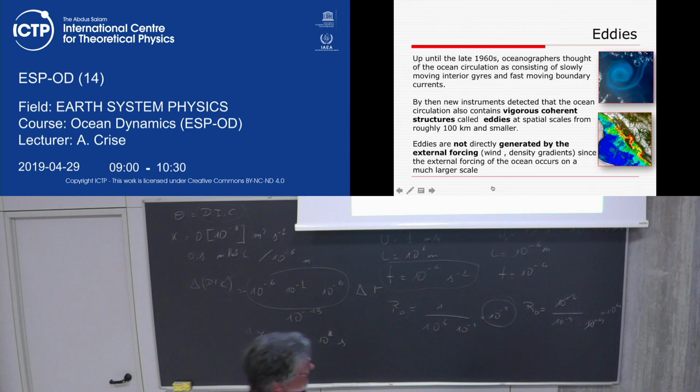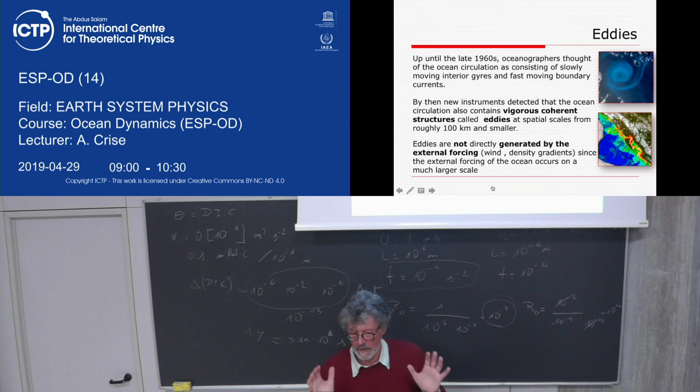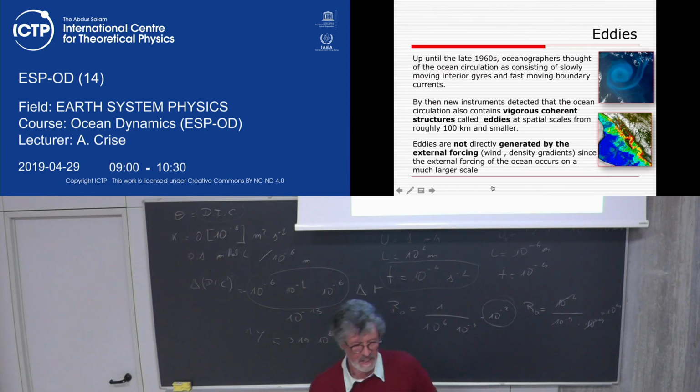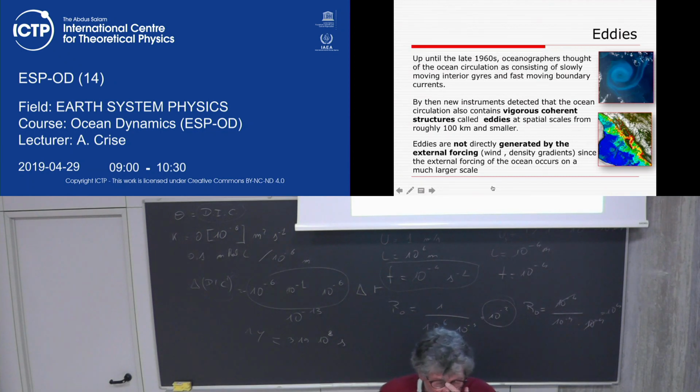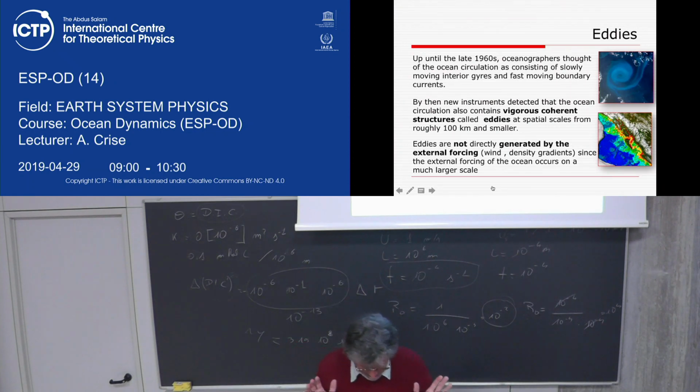Then you have the first snapshot from satellite. Let's open a totally different view. Satellite oceanography, which is one of the most important branches today to study the ocean, surface ocean, obviously, opened a totally new perspective on what is the circulation of the ocean.